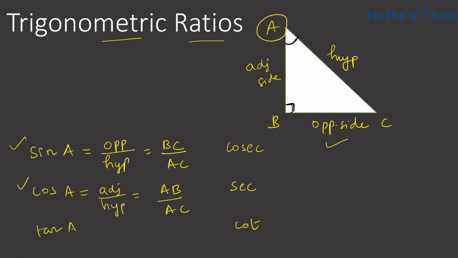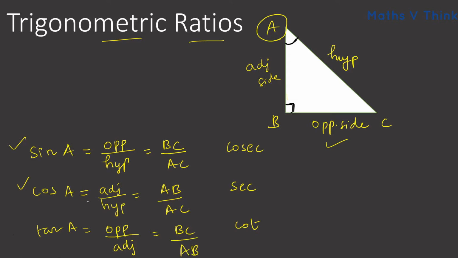And tan A will be, the formula is opposite by adjacent. The opposite side of angle A is BC, so it is BC by AB.